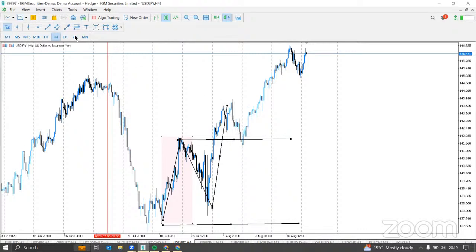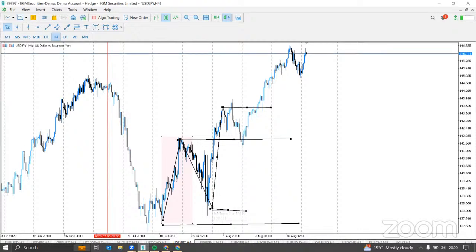So now it will be this point over here and this point over here. Like that. So now it will be this point and this point having been your reference moves.